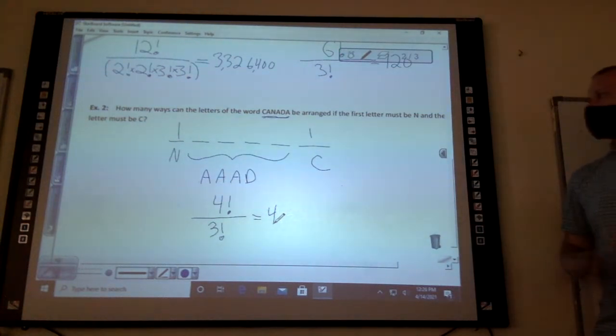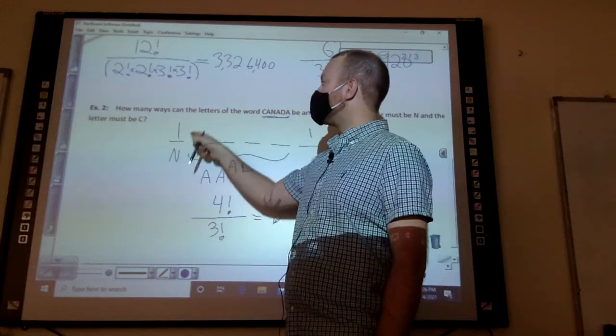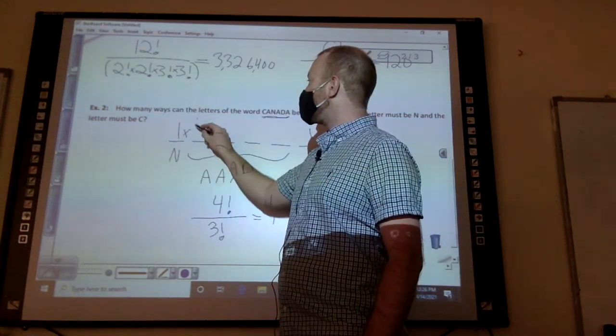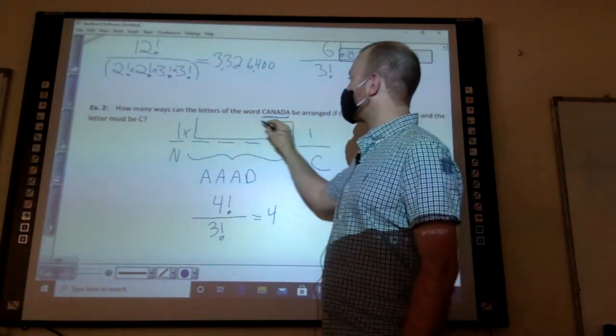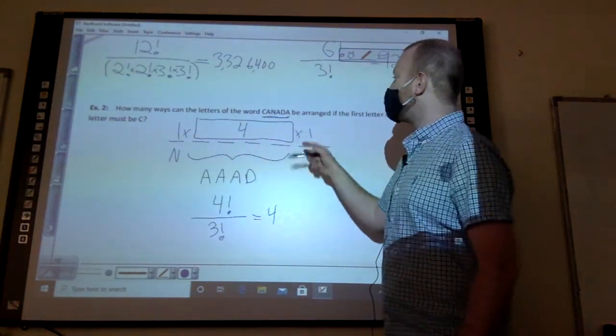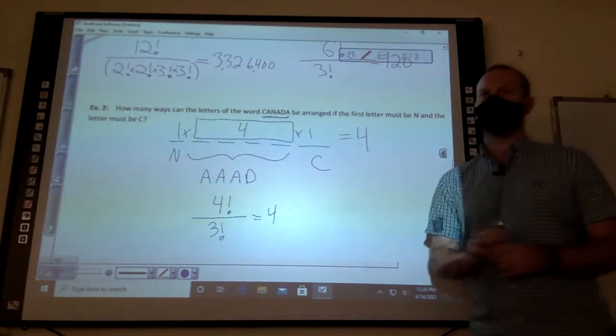So if I want to actually solve this, I'm going to take the number of options here times the number of options for these next spaces, which we already solved for is 4, times this last one. So it's just going to simply be 4.